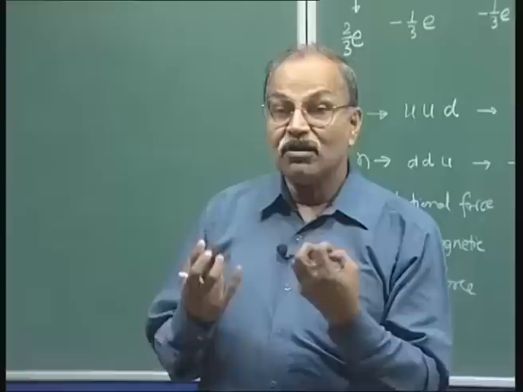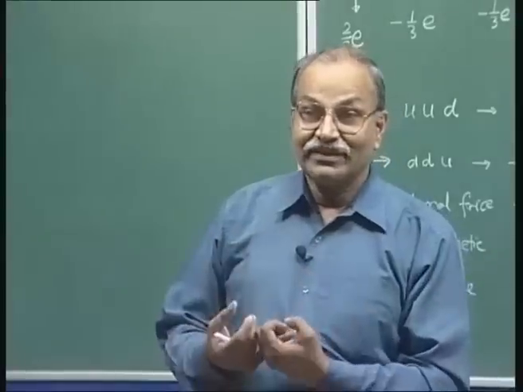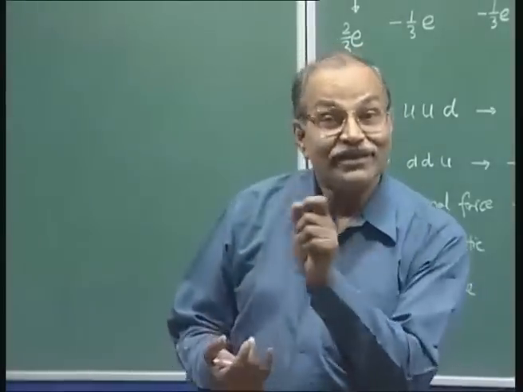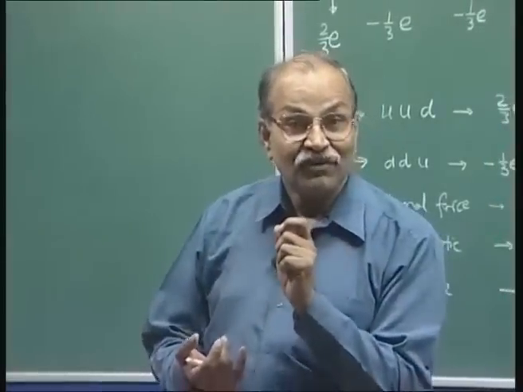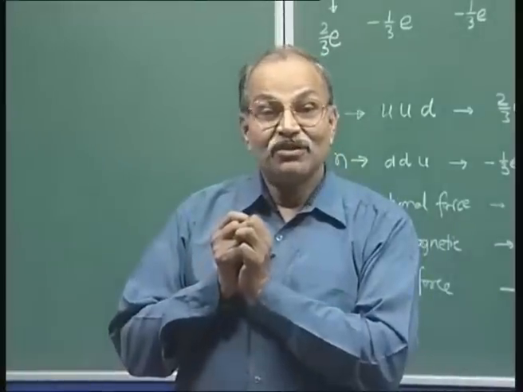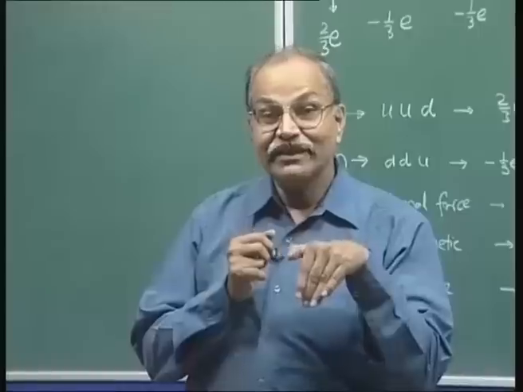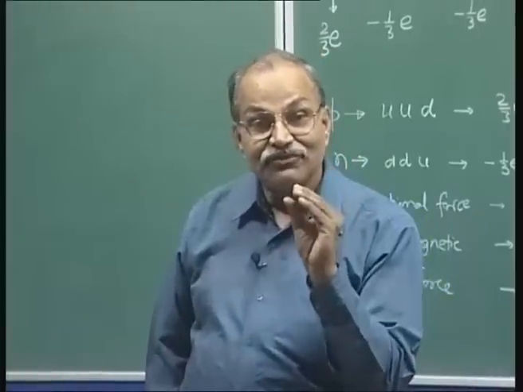So, neutral molecules can also interact with each other through electromagnetic interactions, but this interaction is effective only if the molecules are close to each other. At that length scale, it is again a short range force.